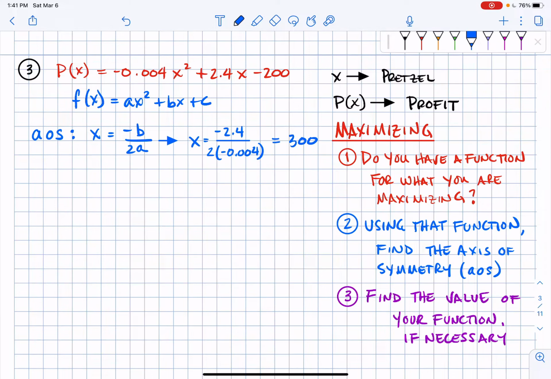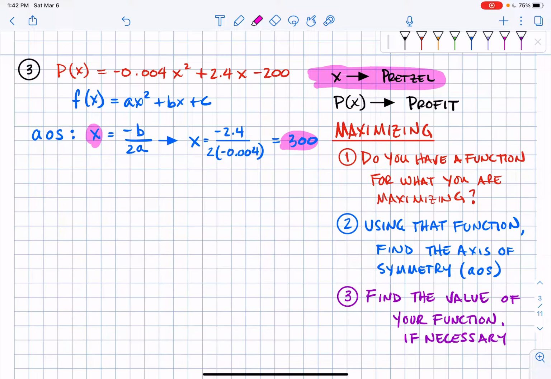Okay. Now, if you look, pretzels is x, right? And the question is asking me, to maximize profit, how many pretzels do I need to sell? And since I already found my x, that means I have already found my solution, okay?